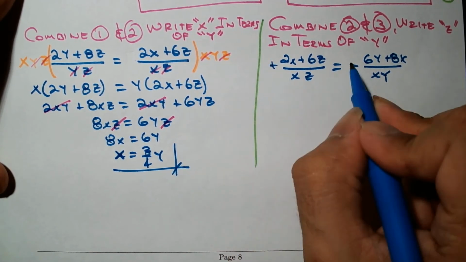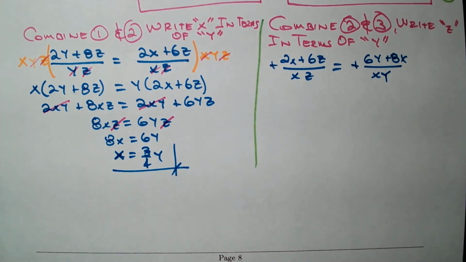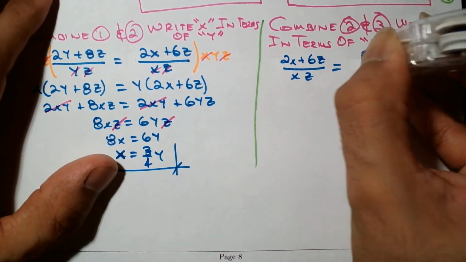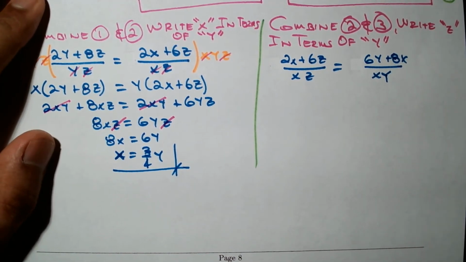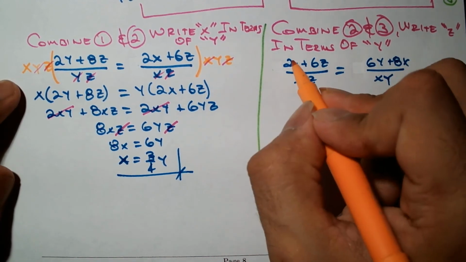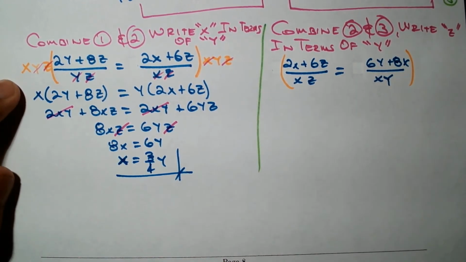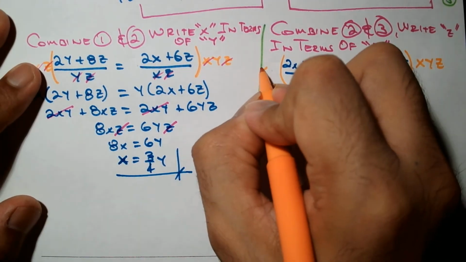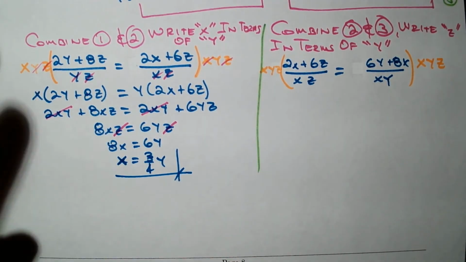Again, negative and negative become positive, or we can simply erase this. Now I'm going to multiply both sides of this equation by the least common denominator in order to get the denominators canceled. In this case, again, it is xyz.